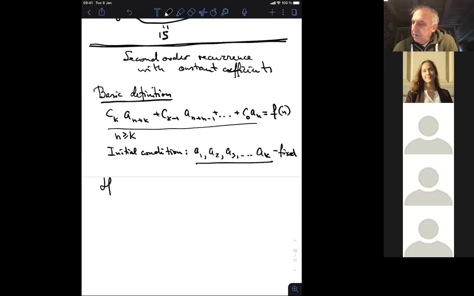So if f(n) is identically 0, then the recurrence is homogeneous.